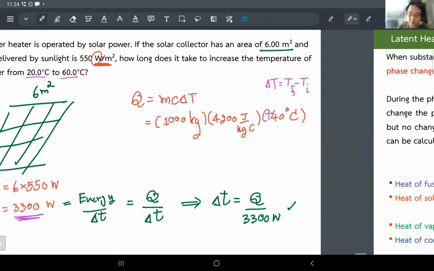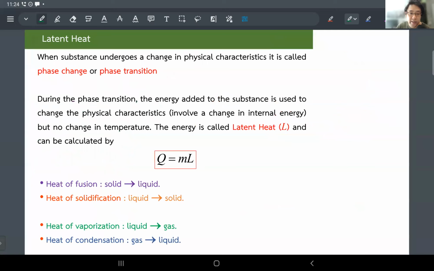Here you go. So what we like is this. In reality, sometimes when you supply energy to any substance, there might be a place where you don't have any temperature change. Remember this a little bit, yeah?